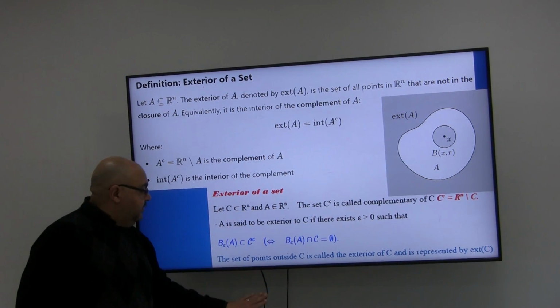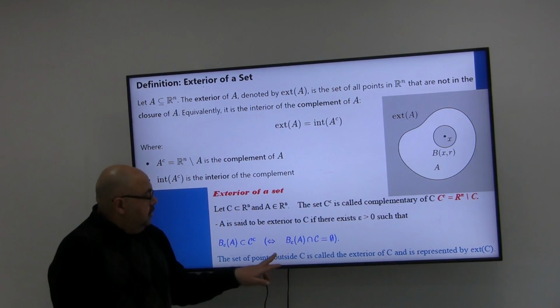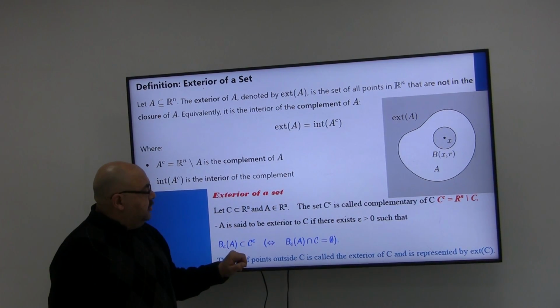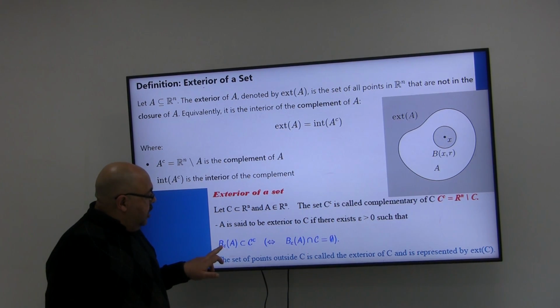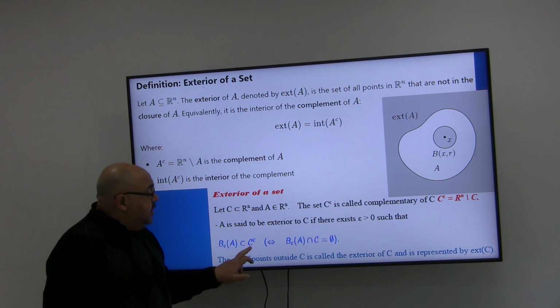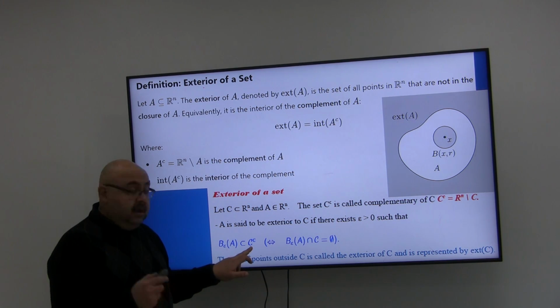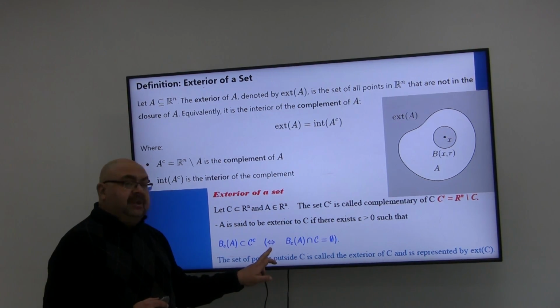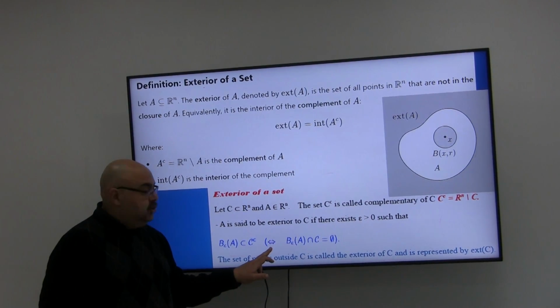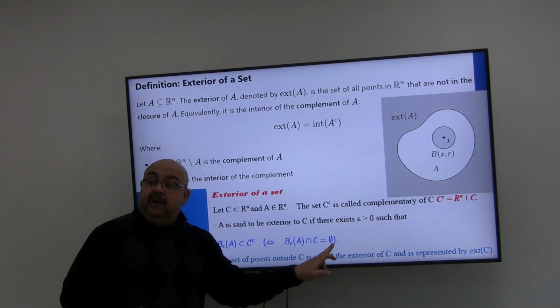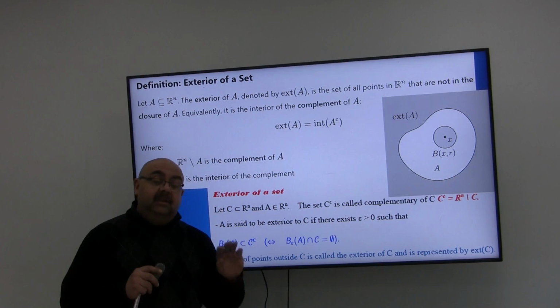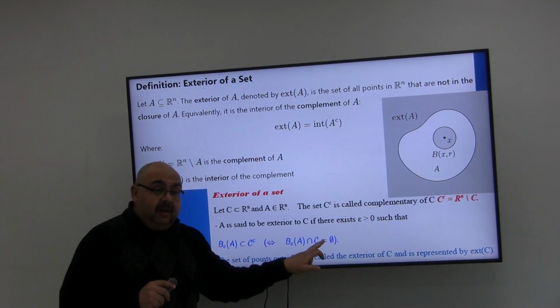Once more, it is defined. Also remark, the exterior of a set A can also be defined as the open balls centered at A with epsilon that are completely contained in A complementary, which means it's in the exterior. صح؟ طيب خلي بالك, it is sufficient and necessary, يعني it will lead in both directions, that the open ball intersection A complementary is equal to phi. يعني هو الset of all points الانترسكشن بتاعهم مع الانترفال is equal to phi.